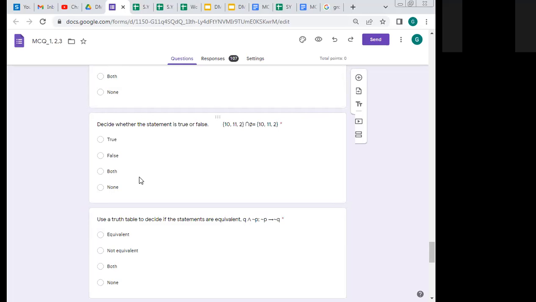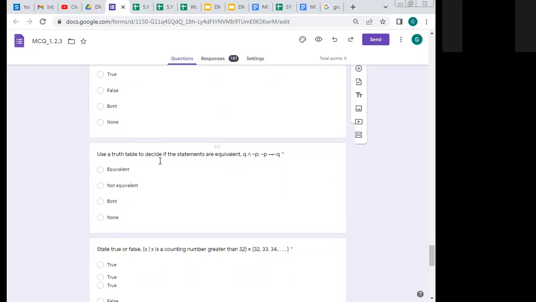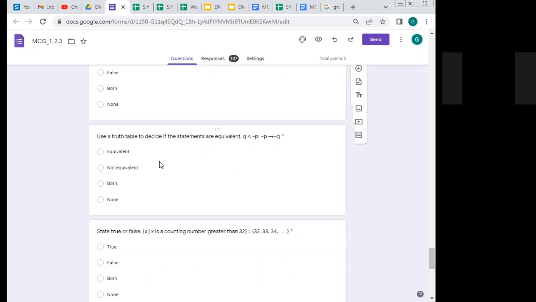Common elements. Are there any common elements in the empty set and the set given, 10, 11, 2? No. Means the intersection of that will also be the empty set. Yes. So the given statement is false.